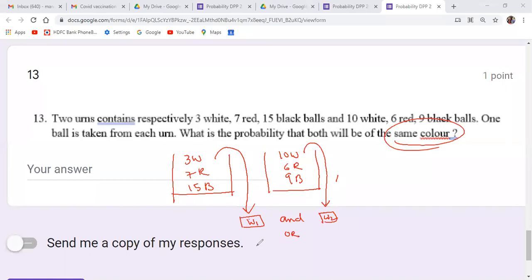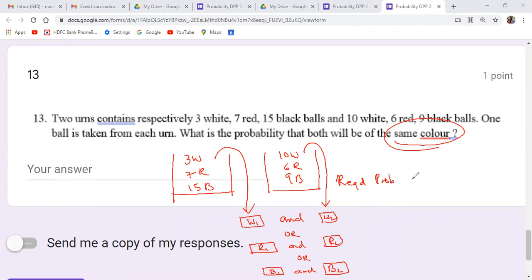This terminology is the one where you get stuck. So you can directly write the required probability.